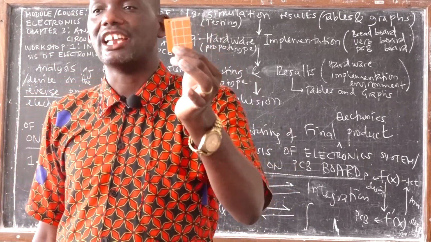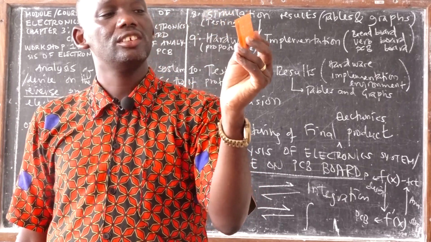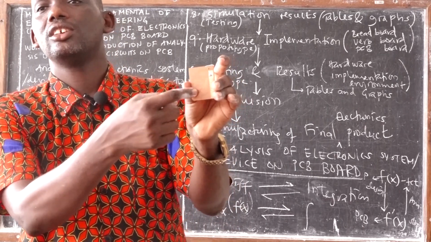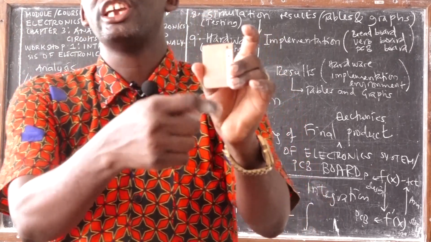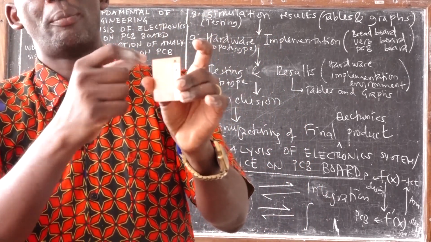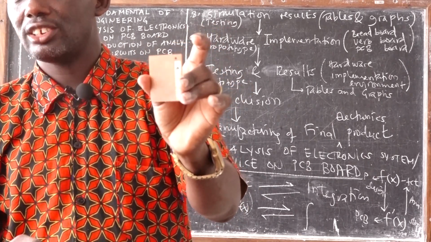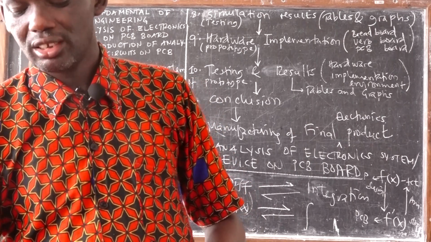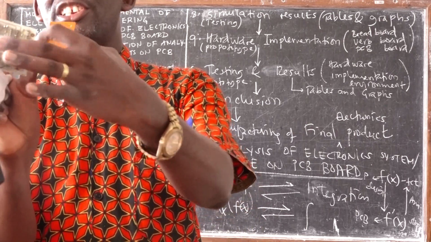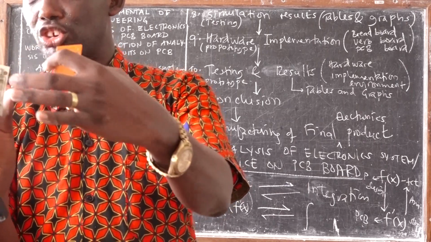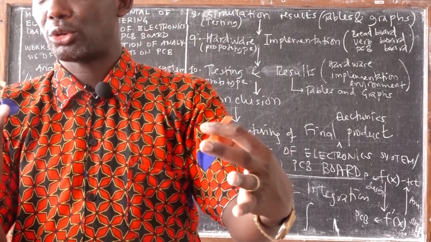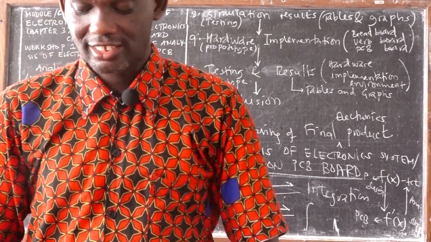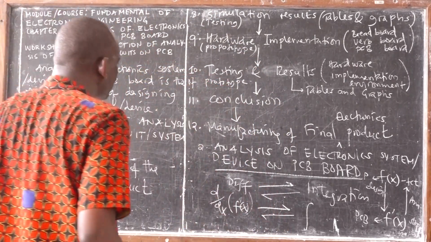Vero boards also have two sides: a top side, which is just plastic, and a bottom side, which contains the copper surrounding the holes. Similarly, this PCB's bottom part contains the copper material before the etching process, and the top side is plastic. Class, are we together? Okay.